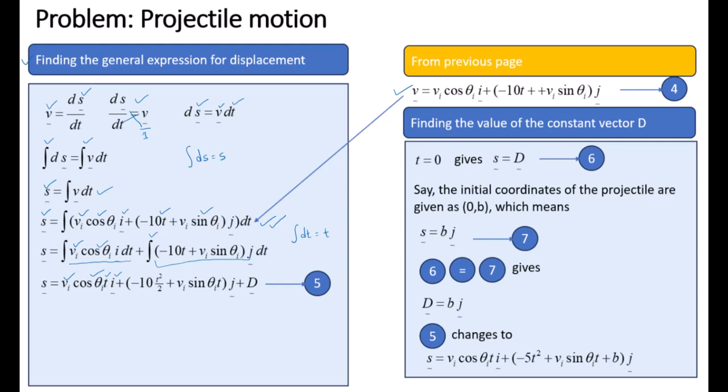Similarly, for the integration of the middle term, I can take minus 10 outside, it's a constant, so it's minus 10, and I can also take the constant j, then t dt.